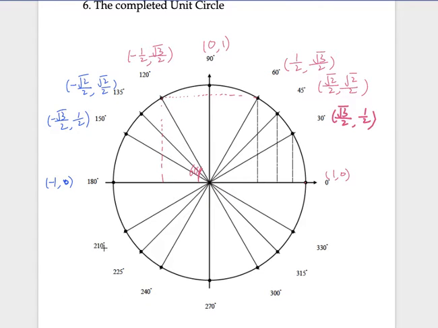Okay, next one, 210. You know that the reference angle is also 30. You see, they're actually on the same line here, so it is symmetric about (0, 0). So the x, y will be very similar. The only difference is x is negative and y is also negative, because this is in the third quadrant.